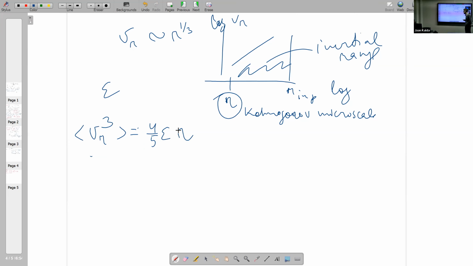So that epsilon, which is energy dissipation per volume, energy dissipation rate, we can say like watts per cubic meter.